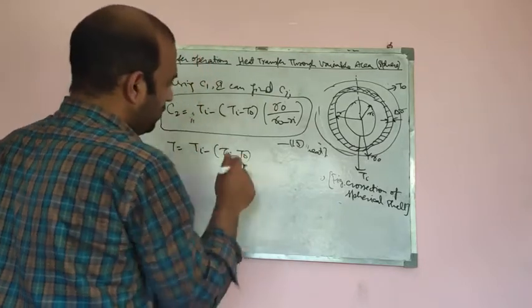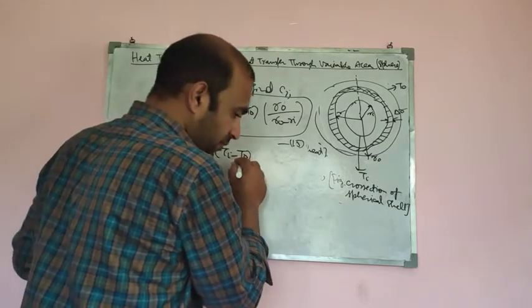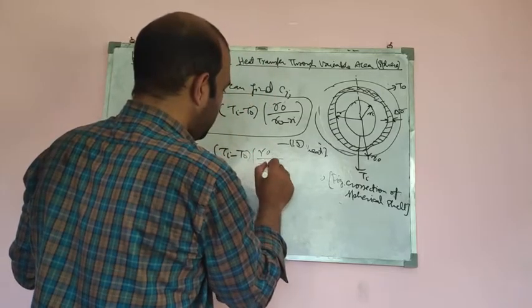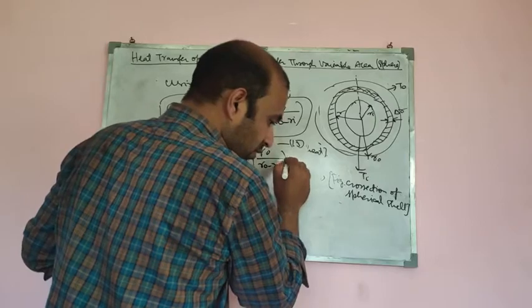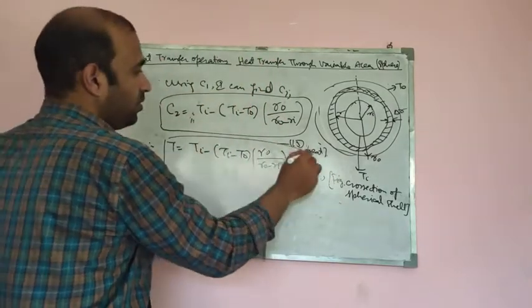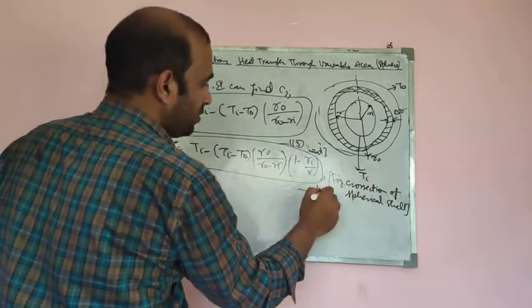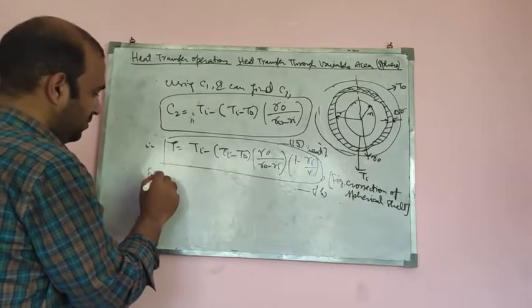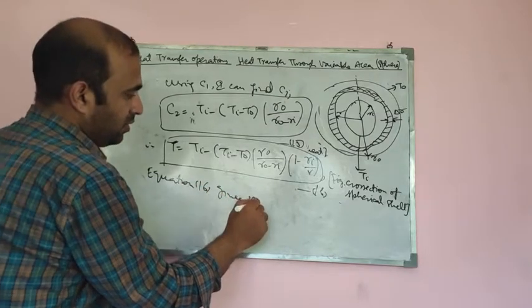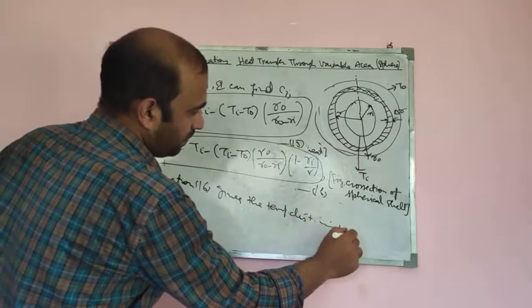From the earlier equations you can just put the value of C1 and C2 in those equations and you come out with Ti minus T naught, this is R naught divided by R naught minus Ri, and this will be 1 minus Ri by R. So this T equation will give you the temperature distribution inside the sphere. So this equation 16 gives the temperature distribution inside the sphere.